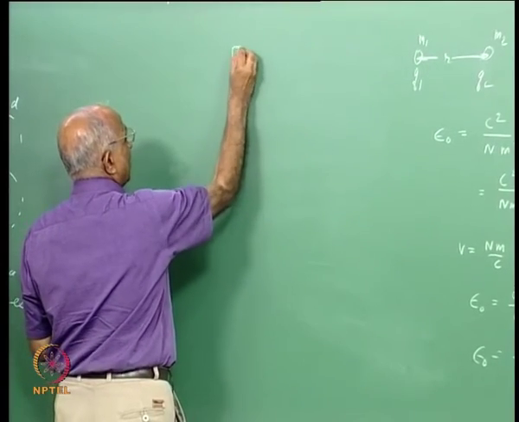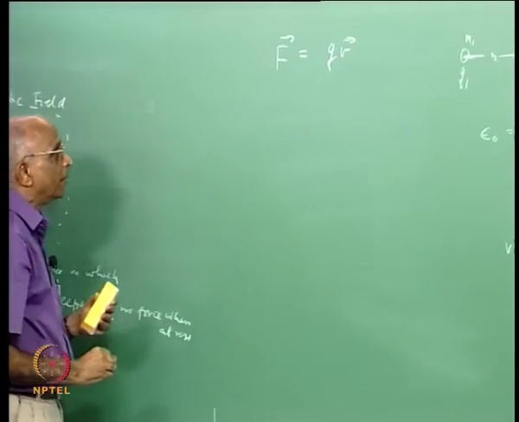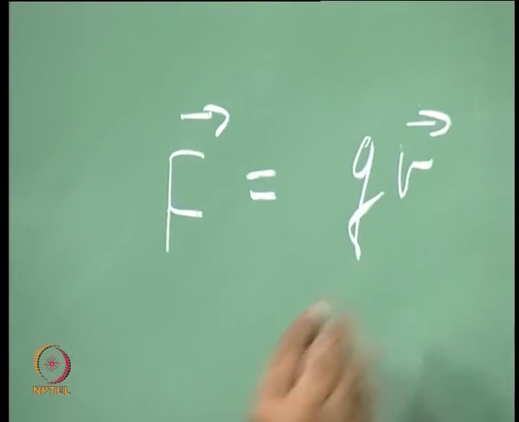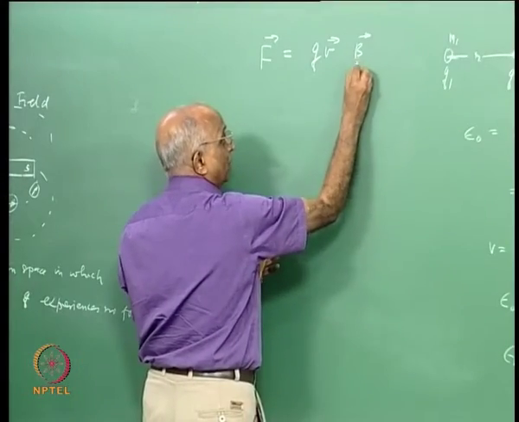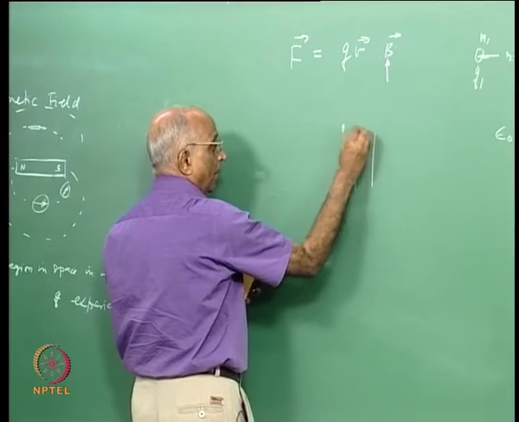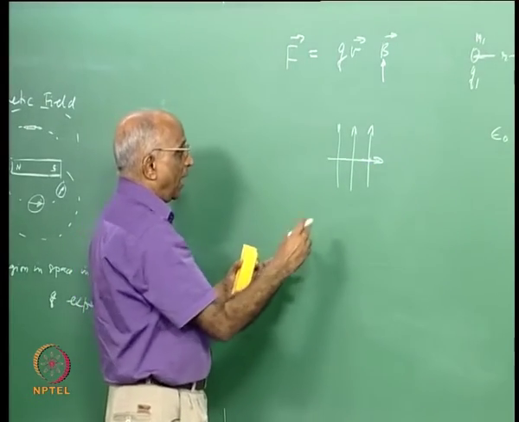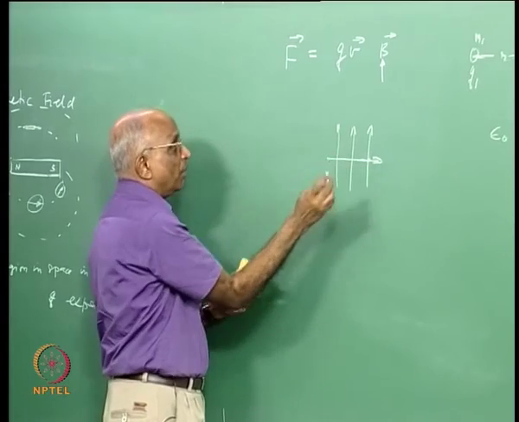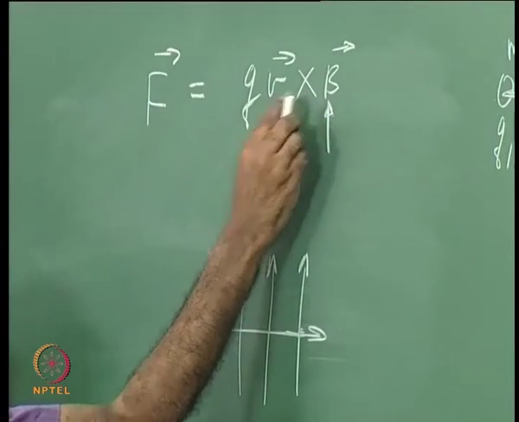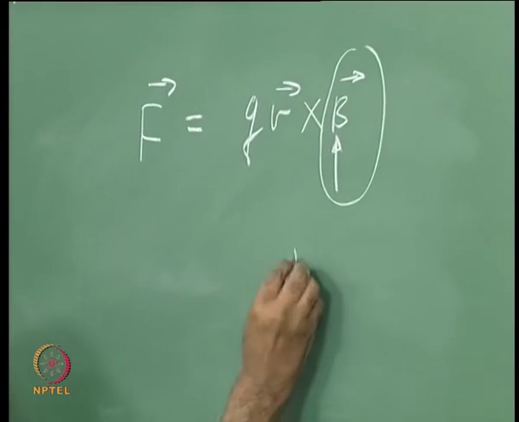In other words, I have something like a force coming, and this force comes when the charge q moves with a certain velocity, and the direction of the force is normal to the direction of motion and also normal to the direction of the magnetic field, which I denote now by B. In other words, if I have a field which is maybe like this, and if I were to move the charge in this particular direction, well, I have a force which is coming either out of the board or inside the board, or rather I say that it is the cross product of these two vectors, I have a vector cross product over here, and this B is then known as a magnetic field.